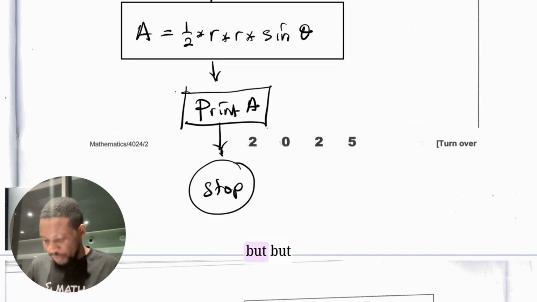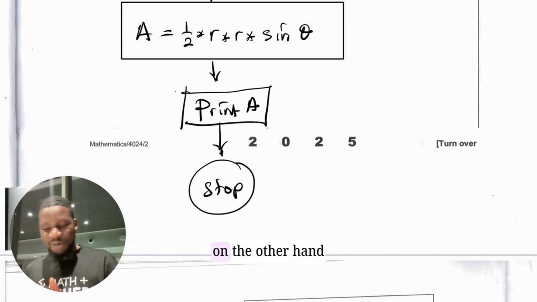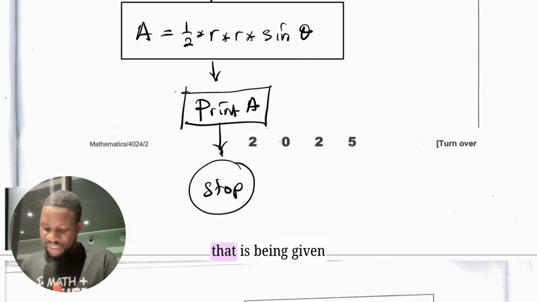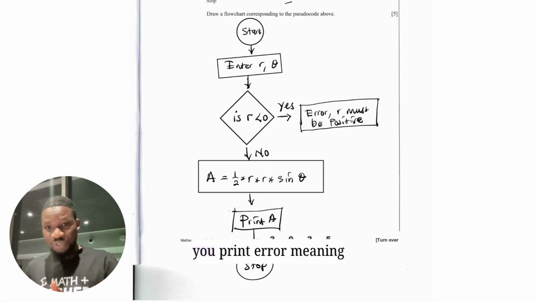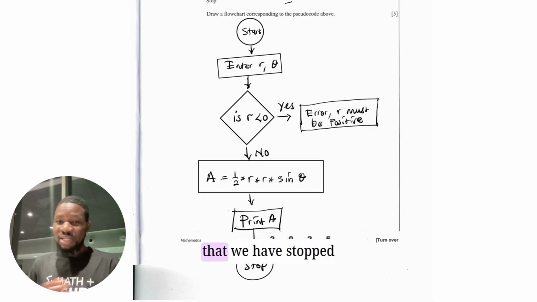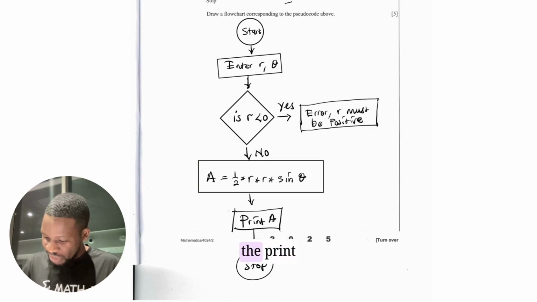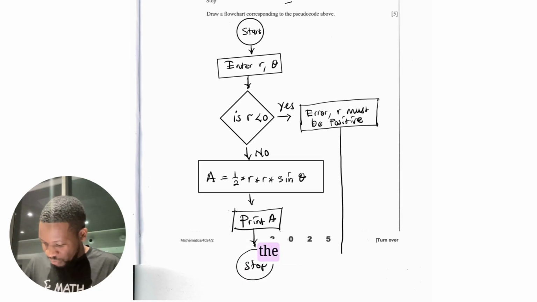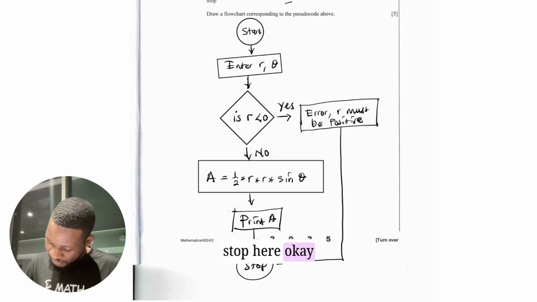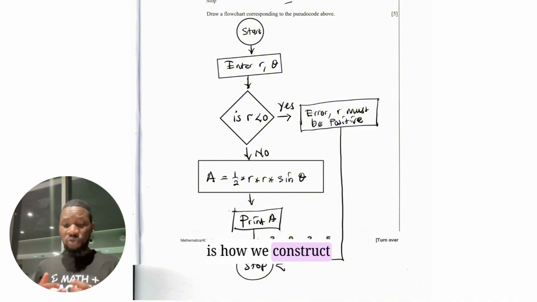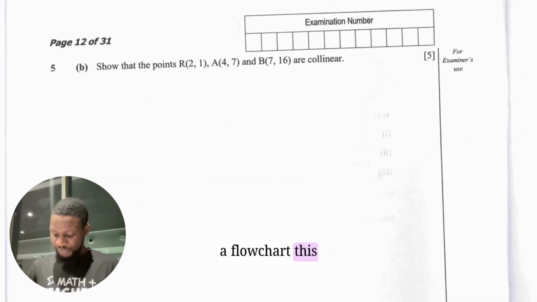But on the other hand, when the radius that is being given is less than 0, you print error, meaning that you have stopped. You cannot do anything. So we're going to connect the print message to the stop here. And this is how we construct a flowchart.